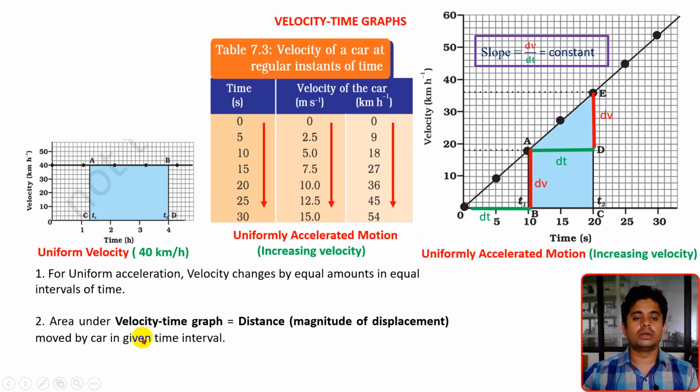This is the time axis and this is the velocity time graph. The area between them gives us the magnitude of the displacement, as we discussed in the earlier video. So the area under the velocity time graph is equal to the distance or magnitude of the displacement moved by the car in a given time interval.